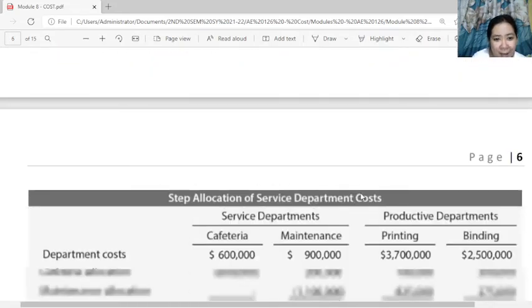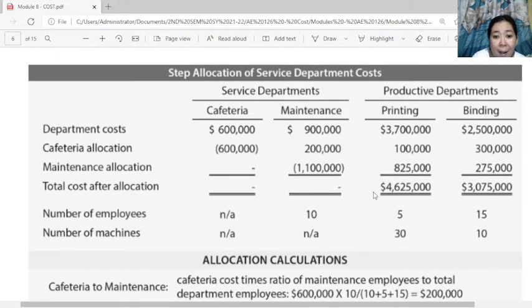To understand better, we have here an illustration of how the step method is done. If you notice, the basis of allocating the cafeteria cost is the number of employees.